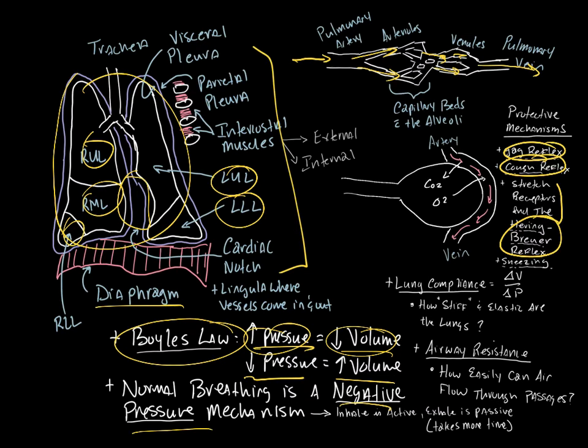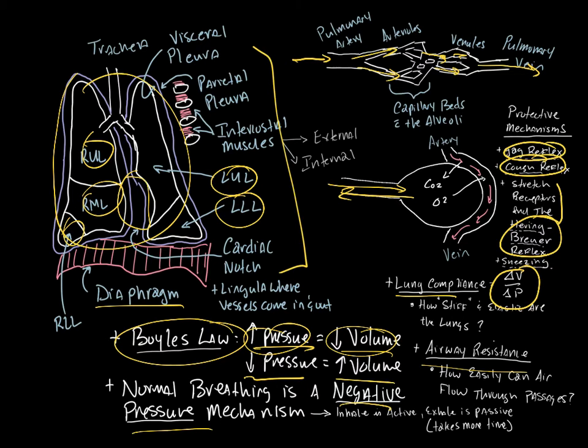Okay. So there are two concepts when it comes to moving air in and out of the lungs. Those concepts are known as lung compliance and airway resistance. And this is going to be important when we start talking about different types of pathology. So, lung compliance: the mathematical formula for compliance is change in volume divided by change in pressure.